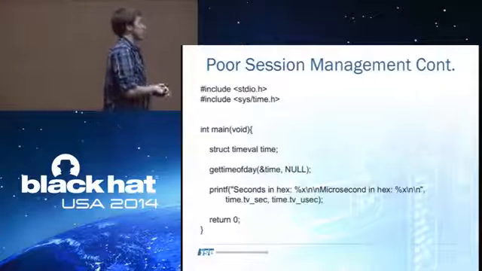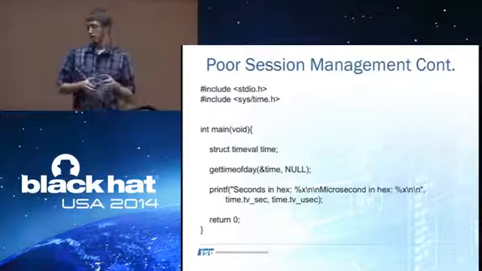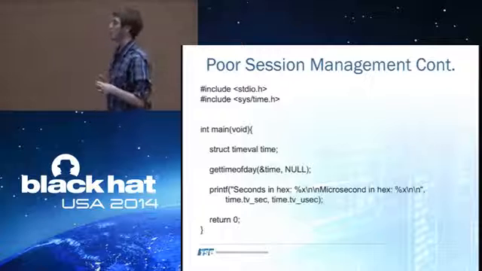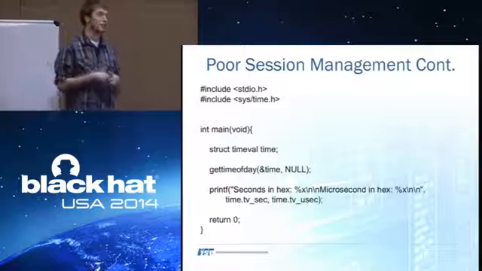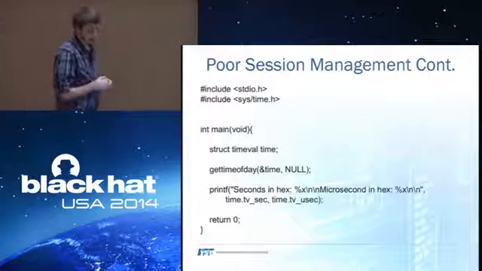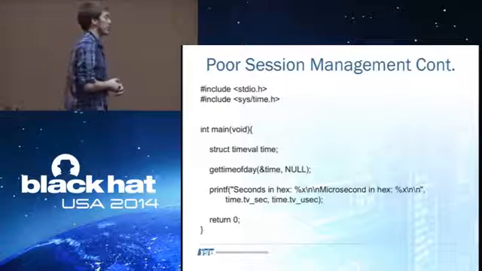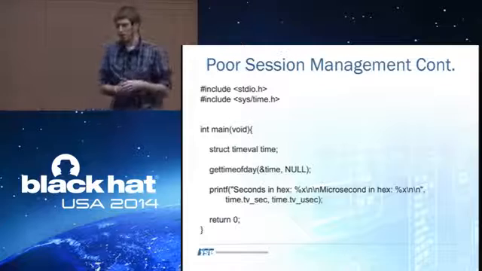So here's some very simple C code. All we're doing here is declaring a struct time of type timeval, and we're going to use this to get access to the current time since epoch. We're then calling getTimeOfDay with the address of the struct, and then not worrying about any of the time zone specific stuff, hence the second argument null.